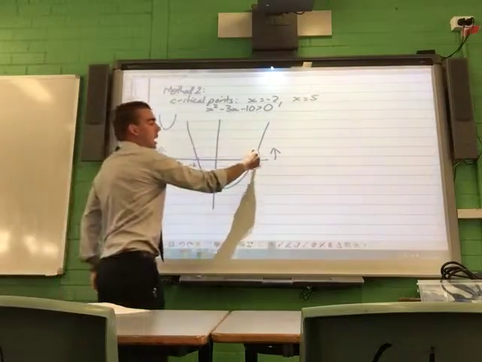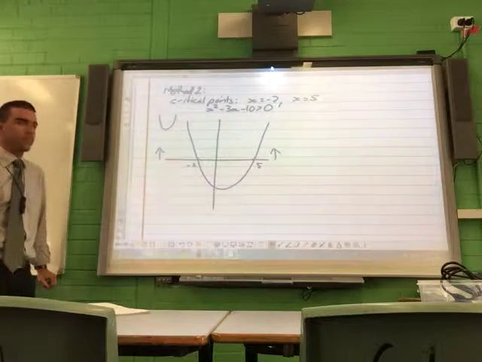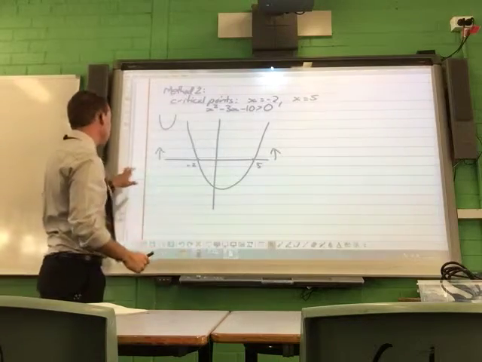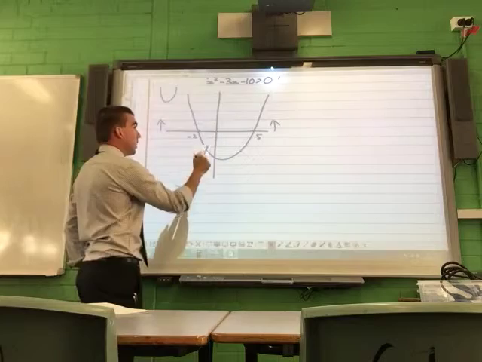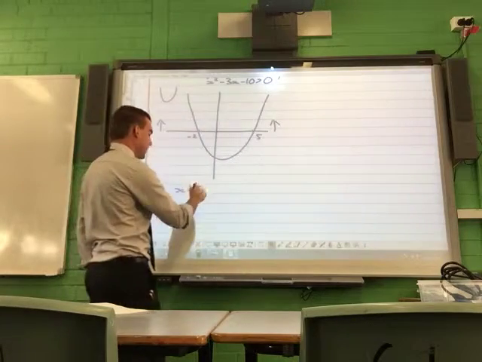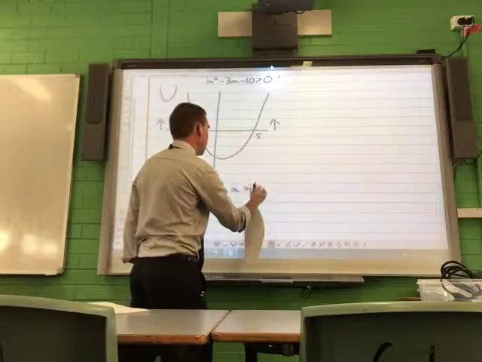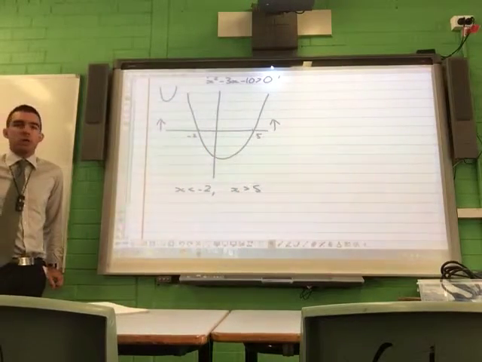And any point that's greater than 5, you'll also get a positive y value. So that's the alternate way you can do it, by the sketch. So y is 0? Yeah, exactly. So x is less than -2, and x is greater than 5. That is the alternate way you can do it.